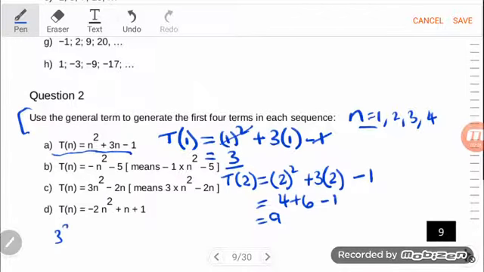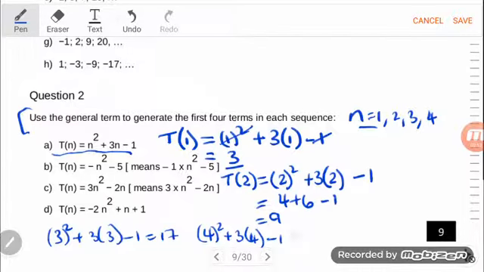So we've got 3 squared plus 3 times 3 minus 1. 9 plus 9 is 18 minus 1 is 17. n squared, 4 squared, 3 times n, which is 3 times 4, minus 1. 4 fours are 16. 3 times 4 is 12. 16 and 12 are 28. 28 minus 1 is 27.